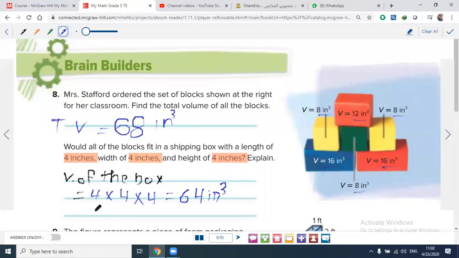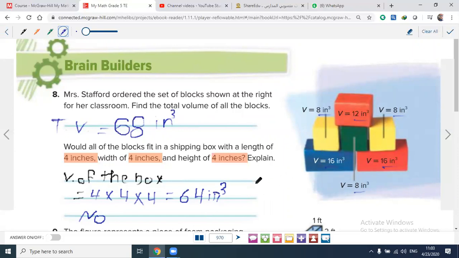It doesn't fit because 64 is bigger than the volume. No, 64 is less than 68, because 64, the volume of the box, is less than 68, the volume of all the blocks.